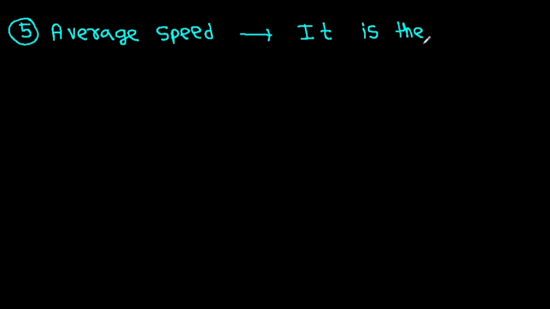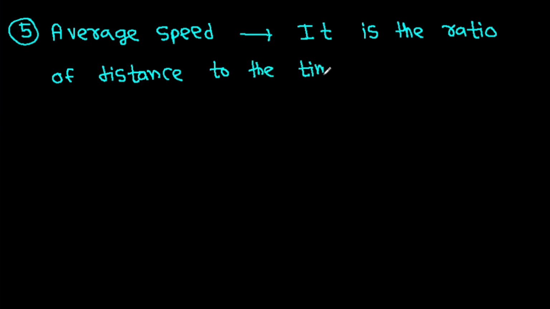Number 5, average speed. It is the ratio of distance to the time taken.